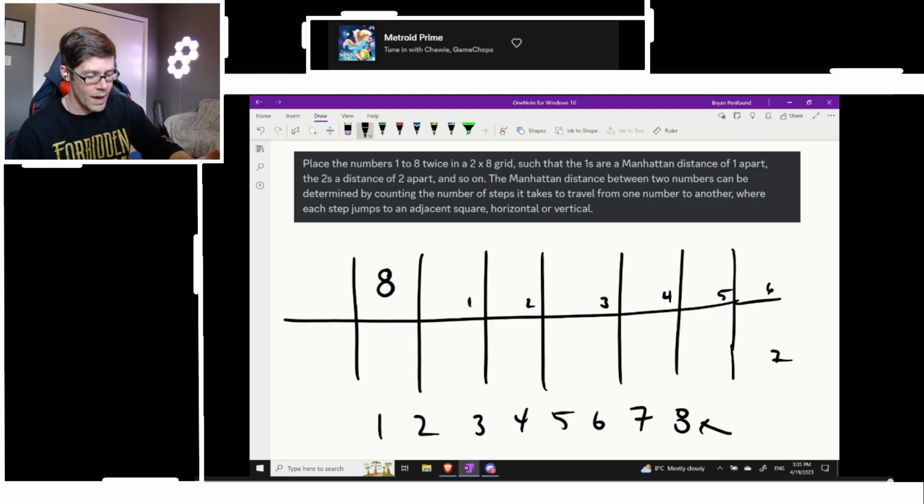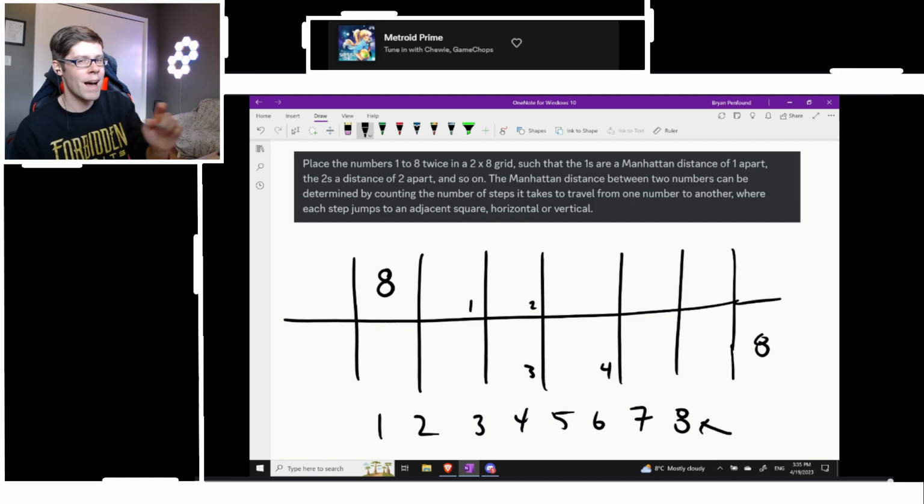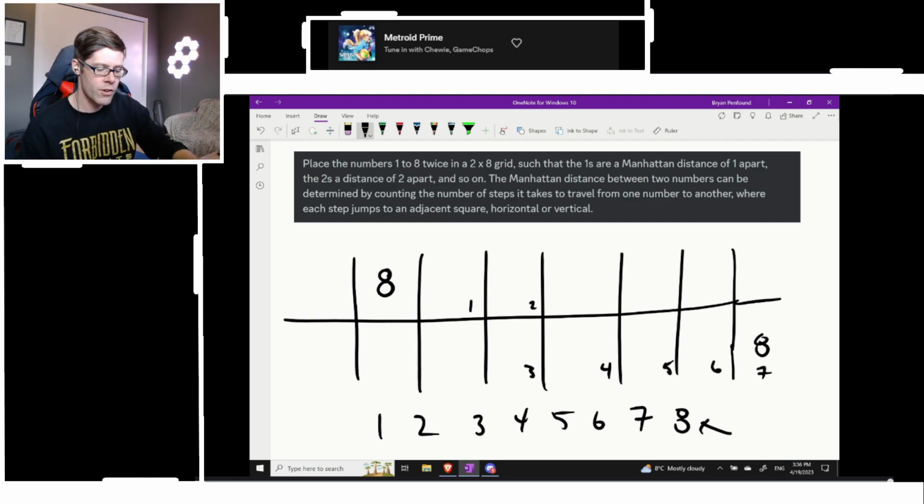But I need these two 8s to be 8 away from each other. Even if I put the other 8 here and counted in an erratic way, I can't go back up. Otherwise, it's not Manhattan distance. So it does have to take a fairly rigid path to the other number.